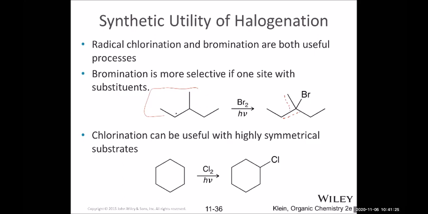If there's one site, it's more reactive than the others. The chlorination reaction selectivity is not very good, as you can see from the earlier table. So the chlorination reaction is only used when the alkane is highly symmetrical. When you have a highly symmetrical alkane, then you have only one or two types of hydrogen.